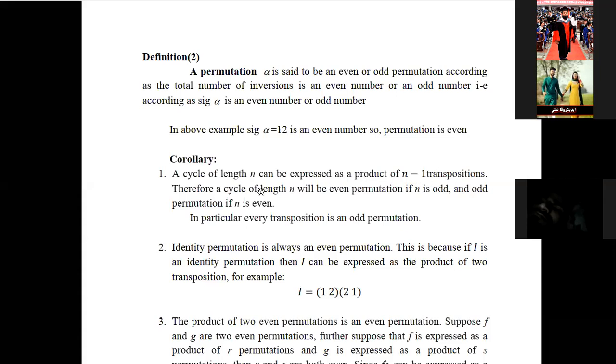Okay, a cycle of length n can be expressed as a product of n minus 1 transpositions. It means a cycle of length 5 can be represented as a product of 4 transpositions. Therefore, for a cycle of length n, if n is odd, then the permutation will be even.